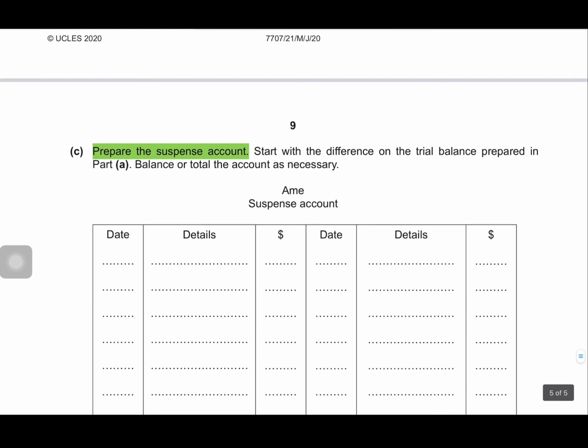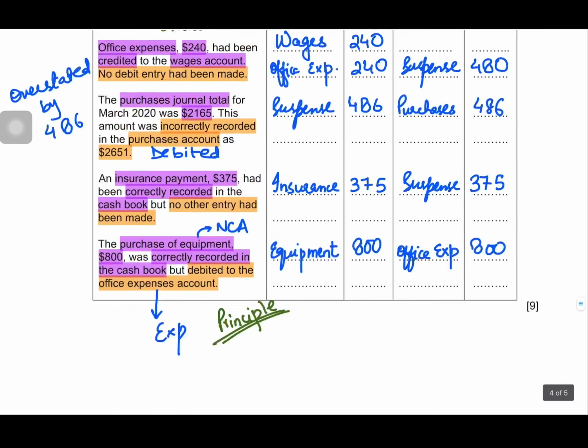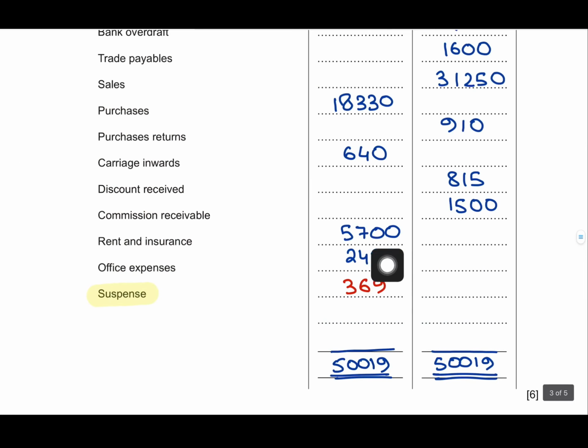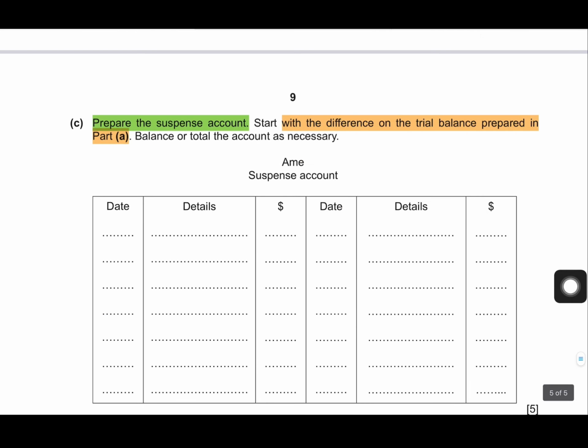Now, let us move to our last part, which says prepare the suspense account and start with the difference on the trial balance prepared in part A. The difference was on the debit side amounting to 369, and it also says to balance or total the account as necessary.